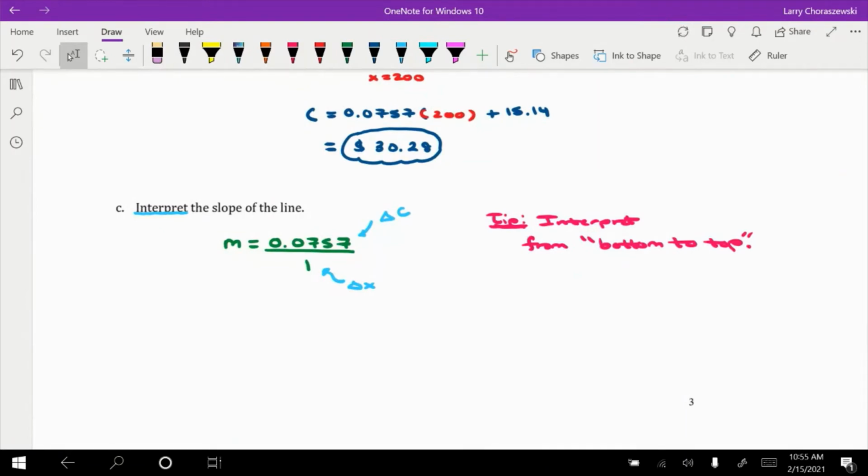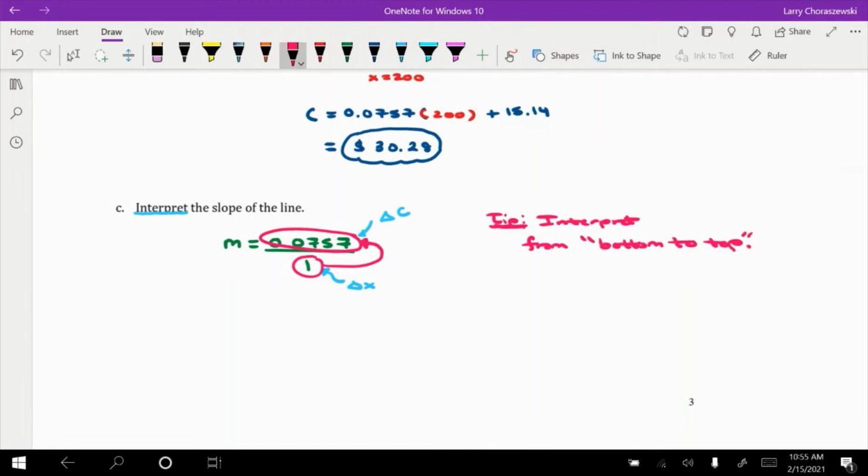What I mean by that is we're going to start by seeing what the 1 represents and then making a connection with that to what the numerator represents. Keep in mind that the x values represent kilowatt hours. If we think rise over run, the 1 is positive.